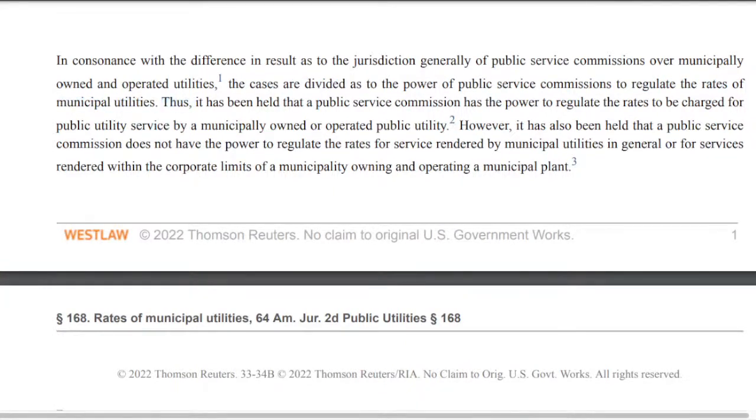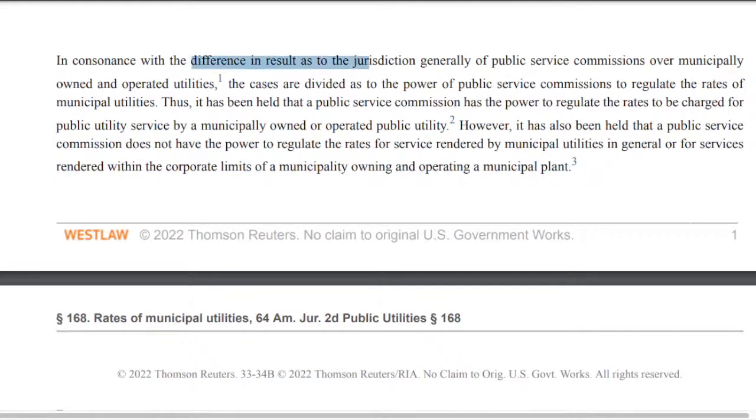Thus, it has been held that a public service commission has a power to regulate the rates to be charged for public utility service by a municipally owned or operated public utility. However, it has also been held that a public service commission does not have the power to regulate the rates for service rendered by municipal utilities in general, or for services rendered within the corporate limits of a municipality owning and operating a municipal plant. So let's dive into this a little bit here.